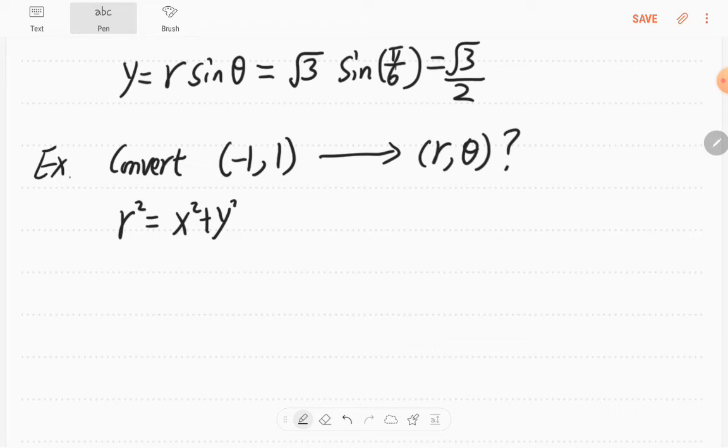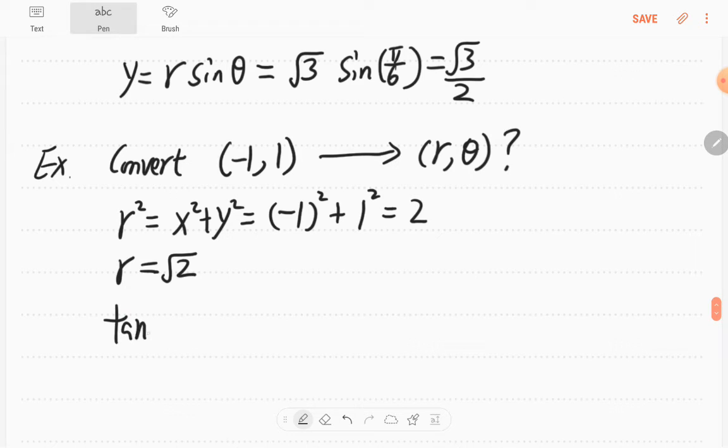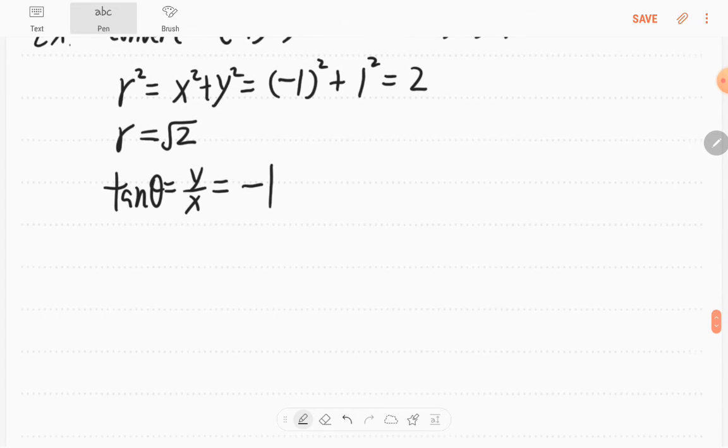So it's equal to -1 squared plus 1 squared, which is equal to 2. If we assume r is positive, then r is equal to square root 2. So we have r. What about the theta? We know that tangent theta equals y over x, which is 1 over -1, which is -1.